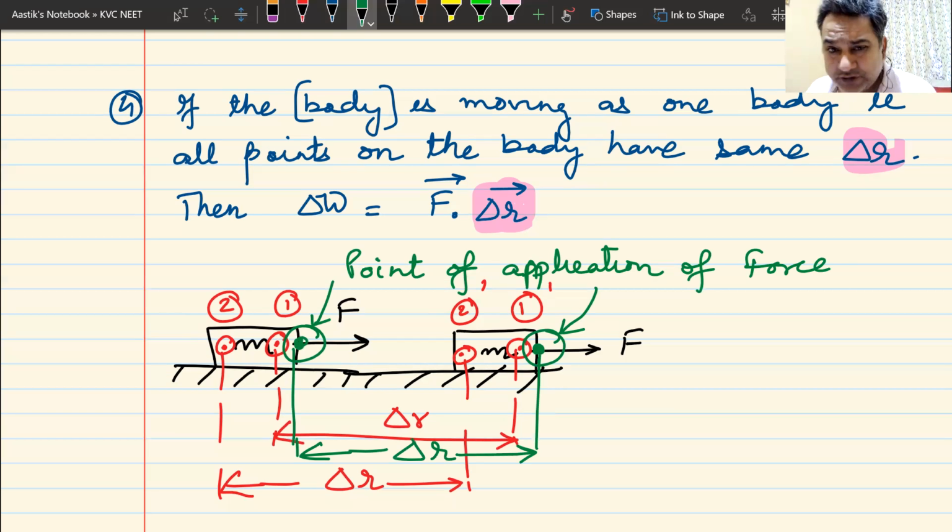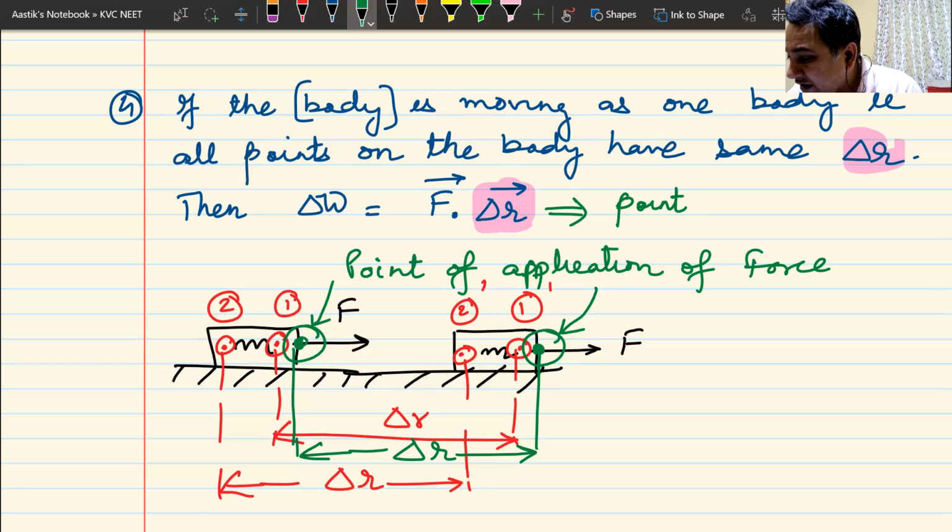The point that I wanted to make is this delta r that I use in the formula for force is not the displacement of the body. It is not the displacement of any particular particle of the body. This delta r is the displacement of the point of application of force.